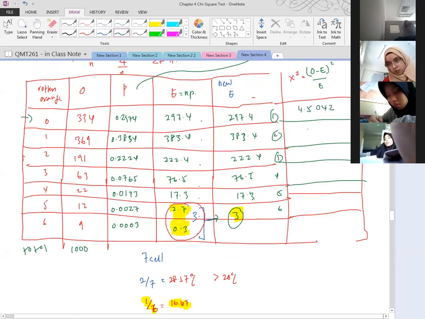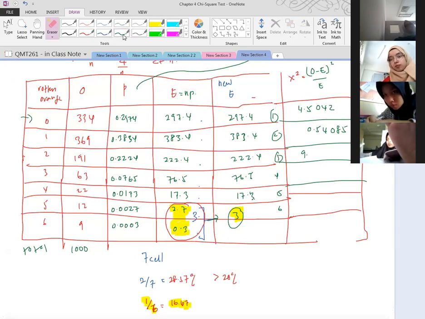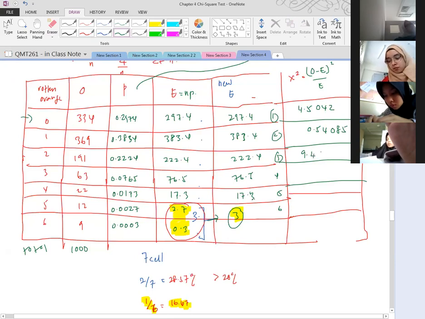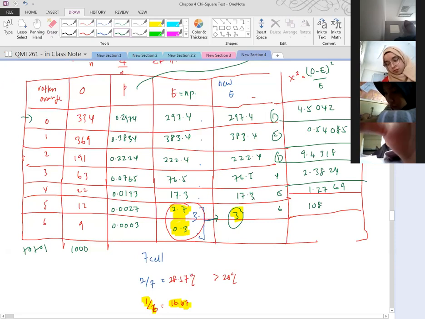4.5042. This is 0.54085. This is 9.4318. This is 2.3824, and this is 1.2769, and the last one is 108. Let me calculate first.